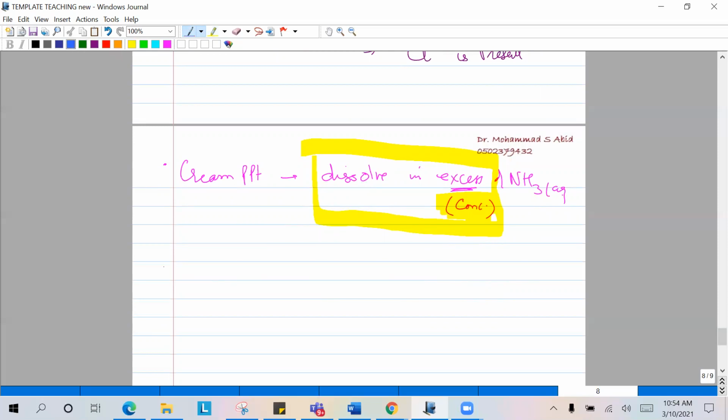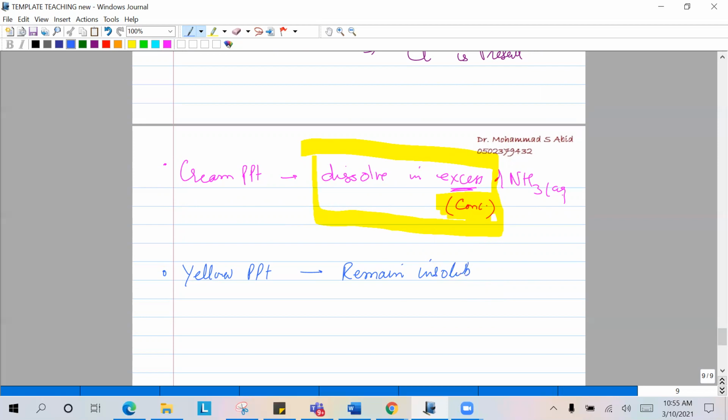And if it is a yellow precipitate, you are not sure whether it is a yellow or a cream precipitate, then this will remain insoluble even in concentrated ammonia solution. So you add as much as you like, but the precipitate does not dissolve.